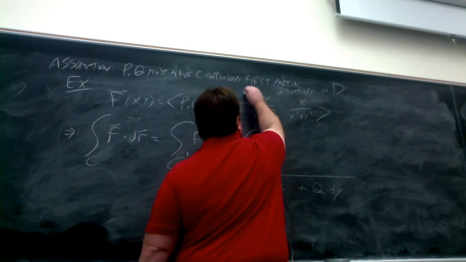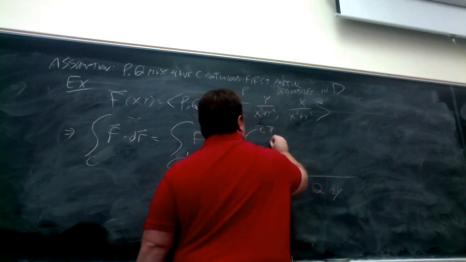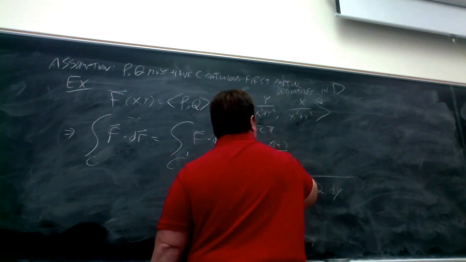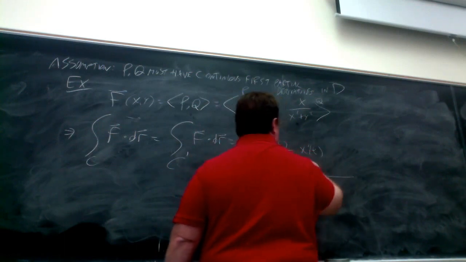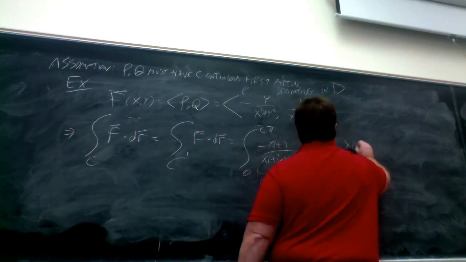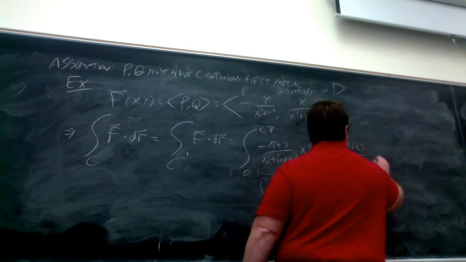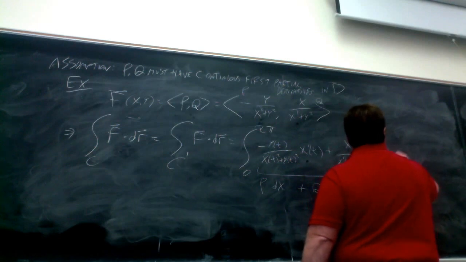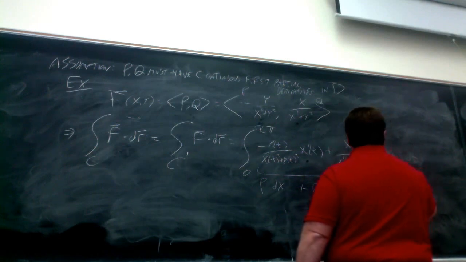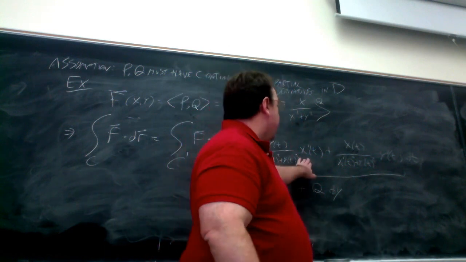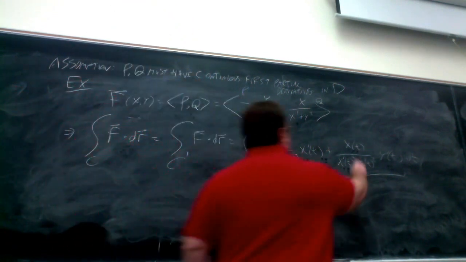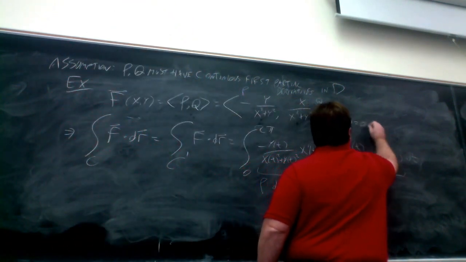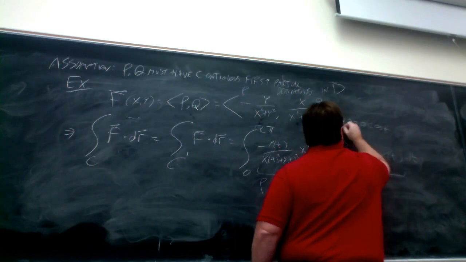So here are P and Q. I have minus y of t over x of t squared plus y of t squared, times x prime of t, because that's your dx, plus Q with the parametric equation filled in, times y prime of t dt. So P dx plus Q dy. And now you go ahead and fill everything in.